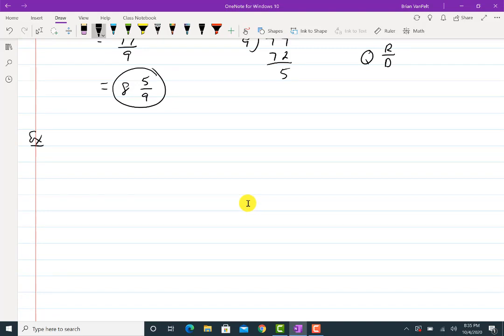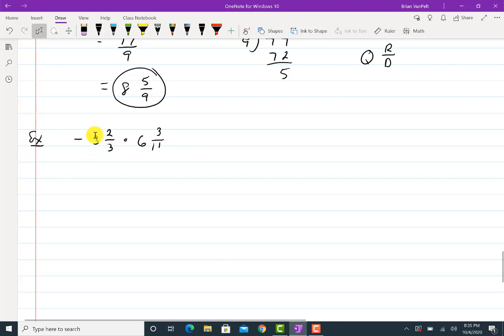Next I have -3 2/3 times 6 3/11. Now one thing you know, you have a negative times a positive, so your final answer is going to be negative. Don't forget that. Now when you convert this mixed number to an improper fraction, ignore that negative sign.